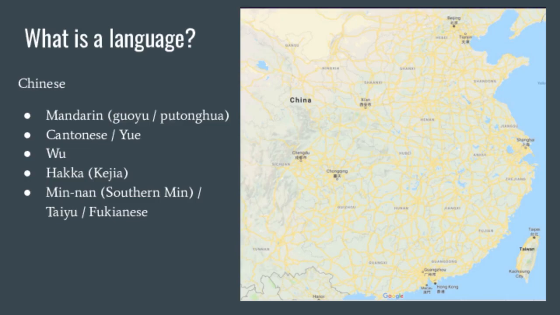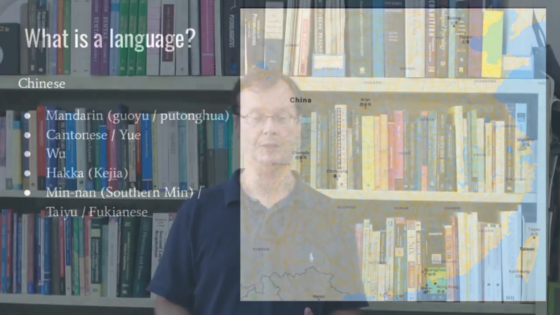Linguists actually consider these separate languages, about five separate languages. To most people who don't know much about Chinese, they think of it all as Chinese, and it's not. But there's not such a strong cultural, political identity with Wu or Hakka or whatever. They are all culturally Chinese, but linguistically they are separate languages.